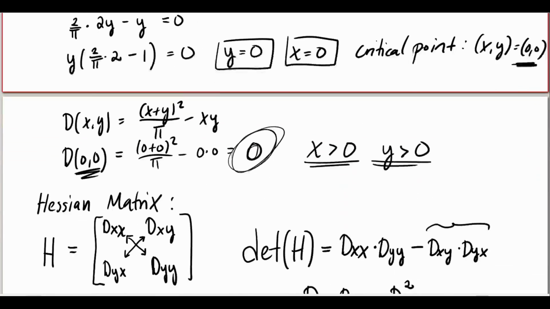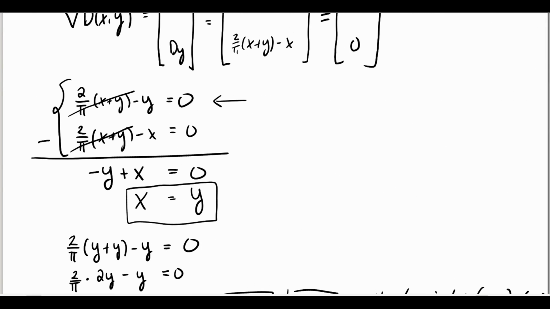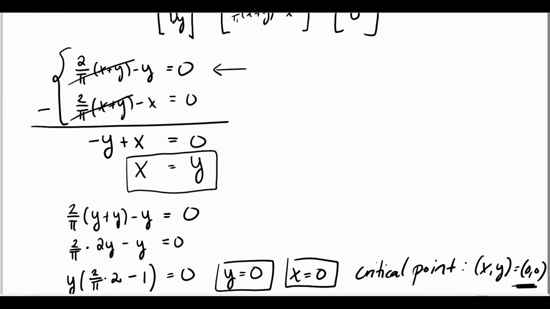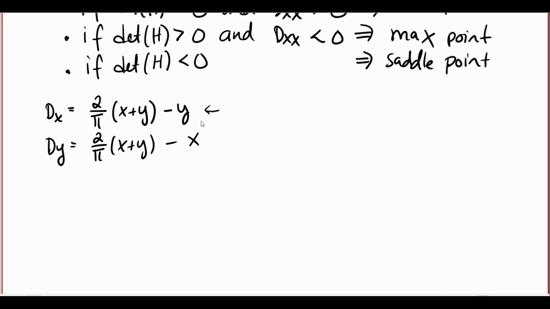So just write it again. So dx is 2 divided by pi times x plus y minus y, and dy is the same as 2 divided by pi times x plus y minus x. And then we take the derivative of this function again, so we have dxx.